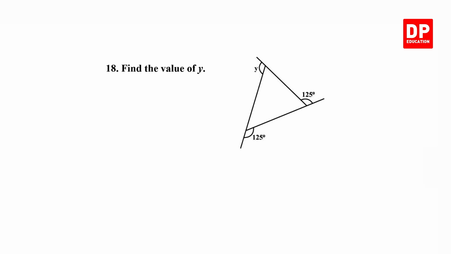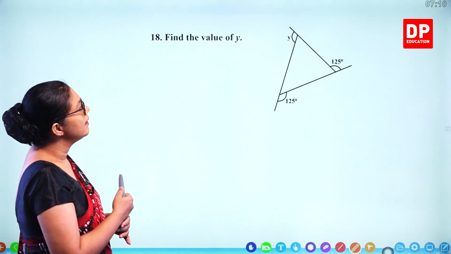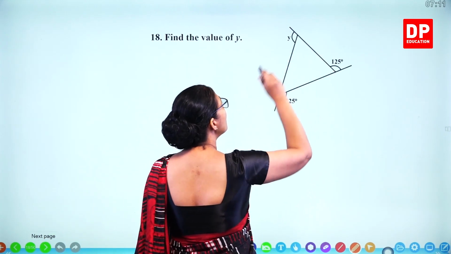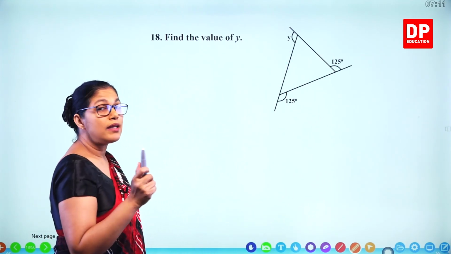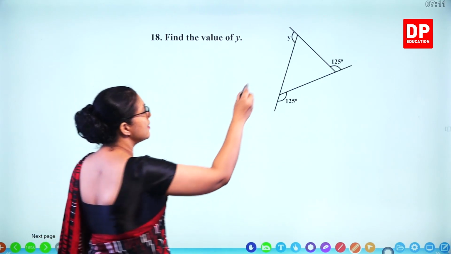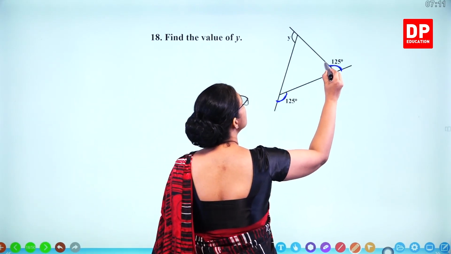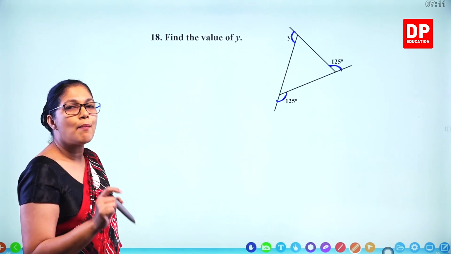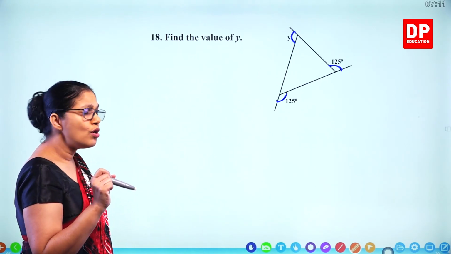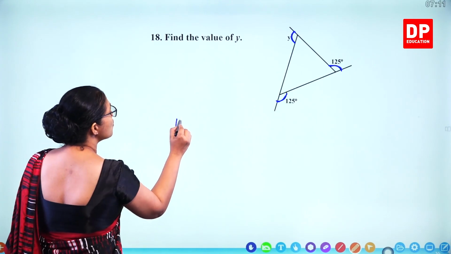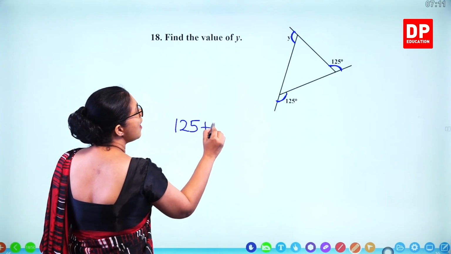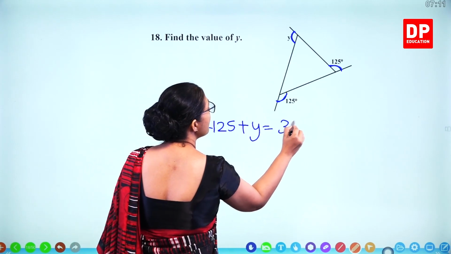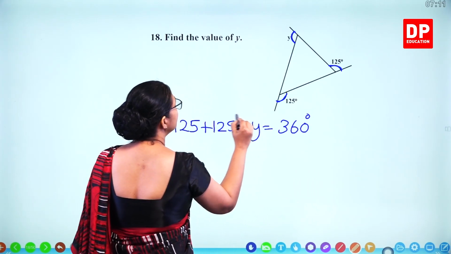Question number 18. Find the value of y. So here, when you extend the lines in clockwise or anti-clockwise, you get exterior angles. So this one, and this one. So for any polygon, the sum of exterior angles add up to 360. So 125, 125 and y value becomes 360.